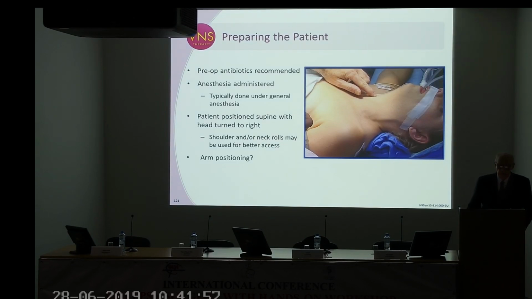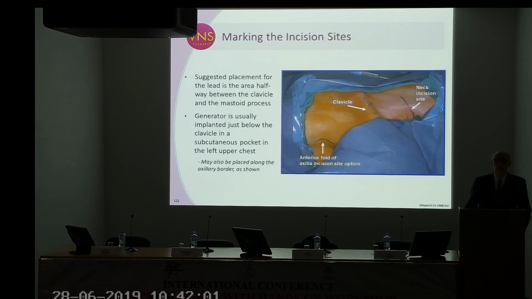Preparing the patient, you have to find out the correct patient. The position is like that one that you use for approaching the cervical column from, say, a CDF, something like this.